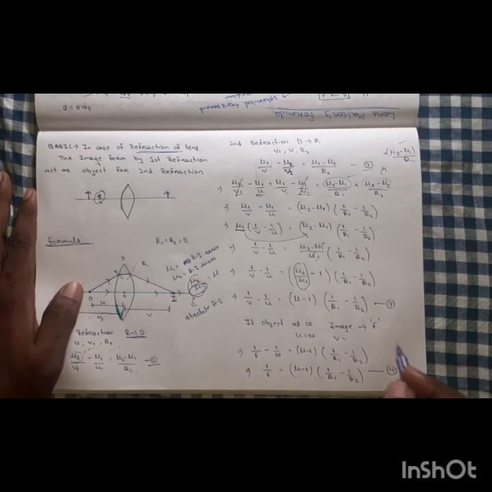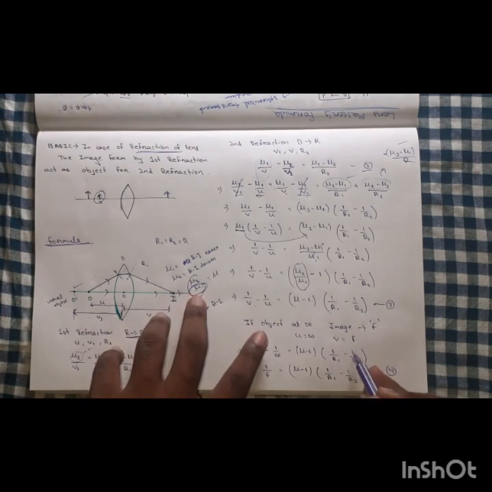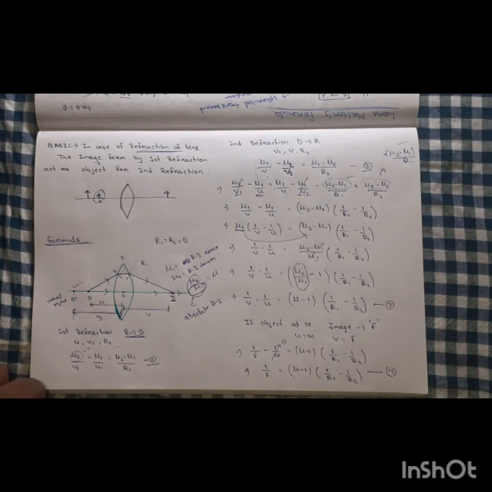If the object is at the focus point, image will be at infinity. So the image will be at the focus point, and the image distance is f. So v equal to f, u equal to infinity. Then 1 by f minus 1 by infinity equals mu minus 1, 1 by r1 minus 1 by r2. 1 by infinity equals what? 0. Then 1 by f equals mu minus 1, 1 by r1 minus 1 by r2.